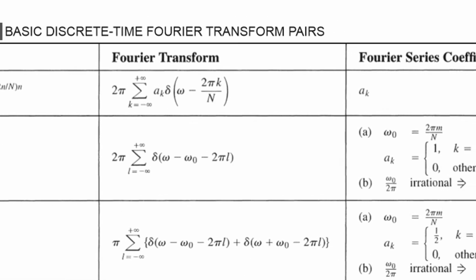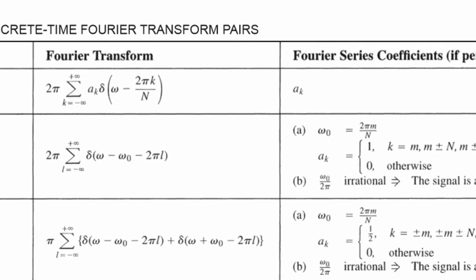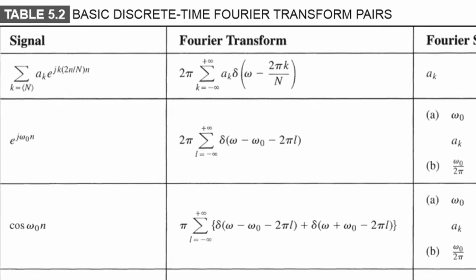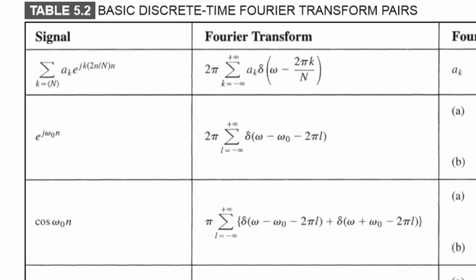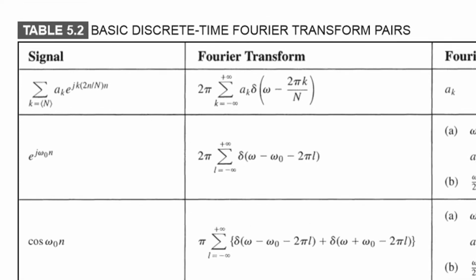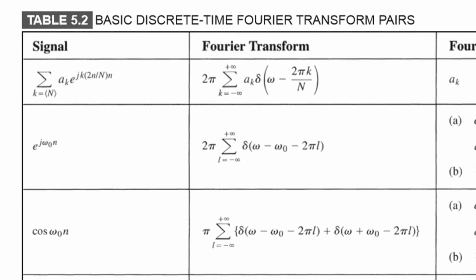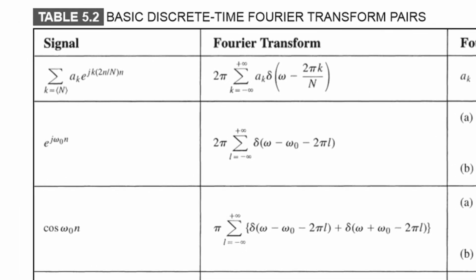Okay, and there are some nice Fourier transform pairs that we should probably remember. First, if the signal is a periodic signal, you can write it as a Fourier series. Then we have this really nice equation for its Fourier transform.